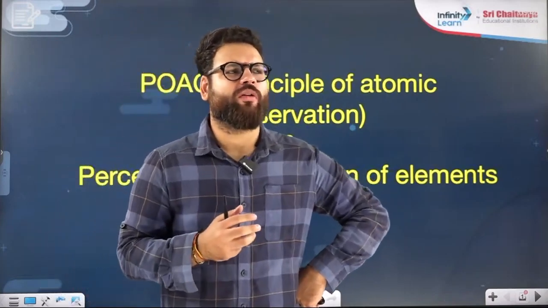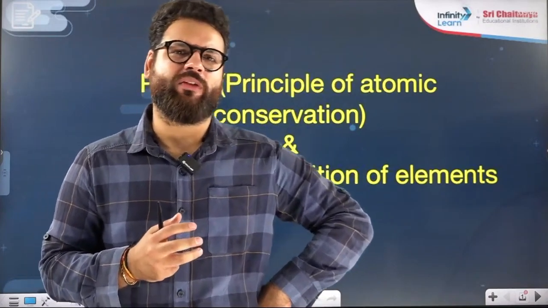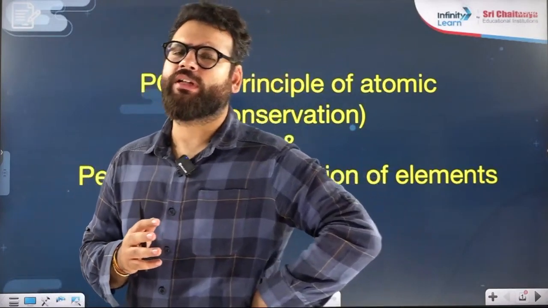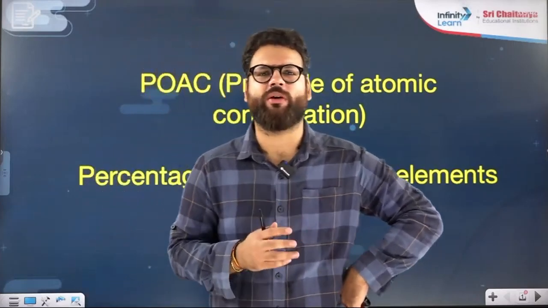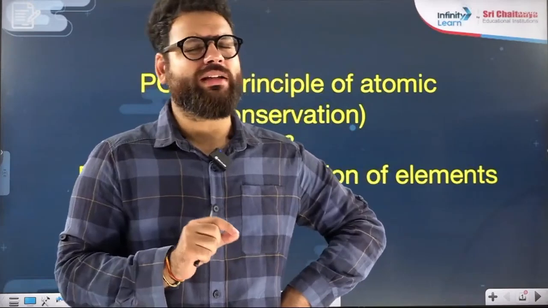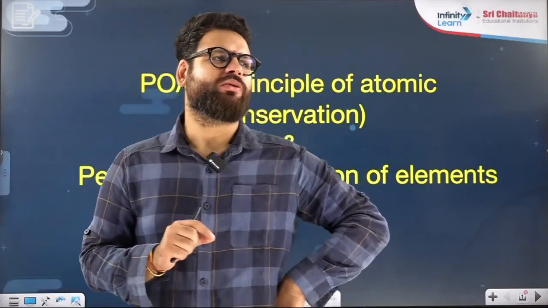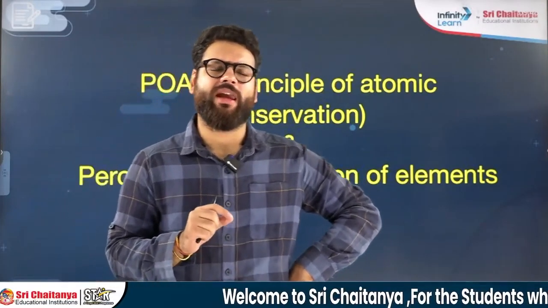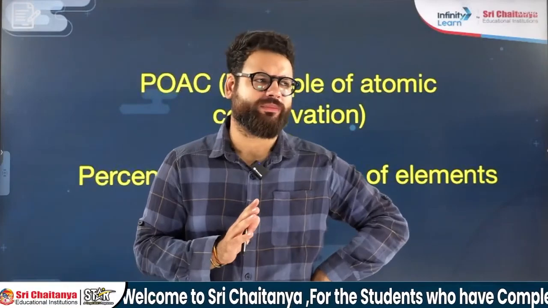So in the last 4 classes, you have studied about limiting reagent, you have studied about percentage purity related questions. Today also we will see the similar type of questions, but you can solve all those things even without balancing the reaction.